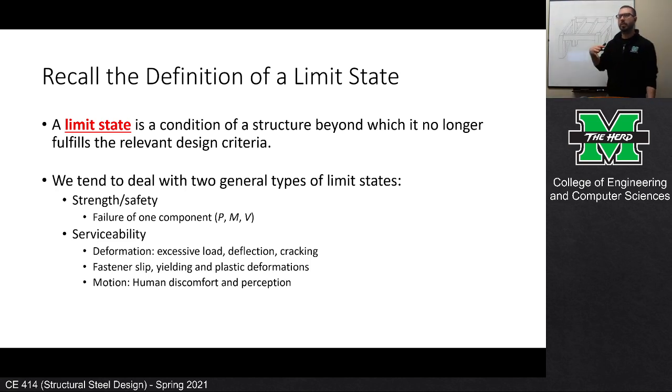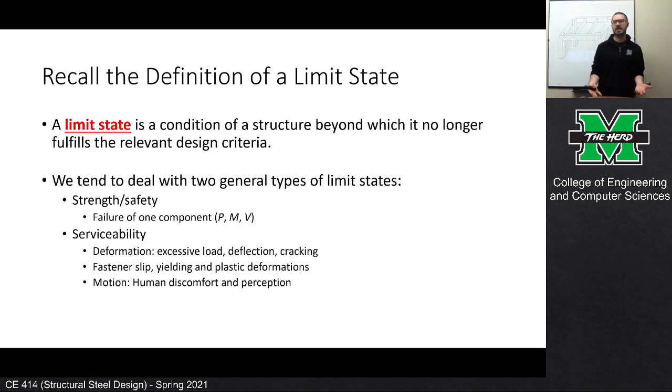All right, so remember that we talked about the concept of a limit state. This is that condition that we define such that if the loads exceed that condition, it no longer fulfills the design criteria that we're interested in. And we tend to deal with 2 different types of limit states: strength limit states and service limit states. In tension members, we will look at both.